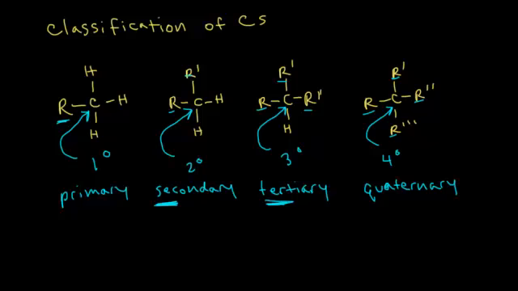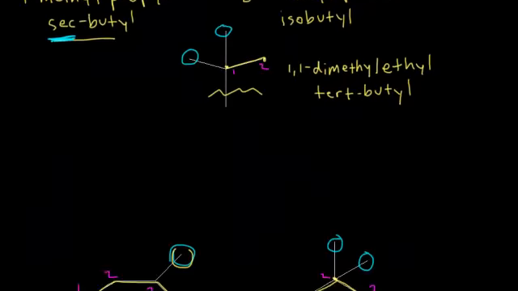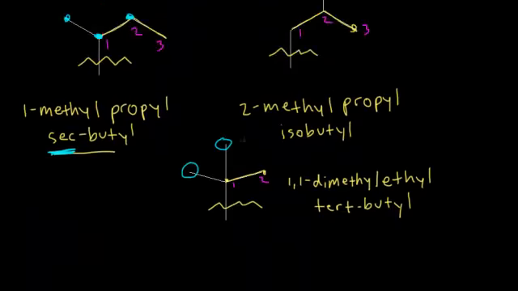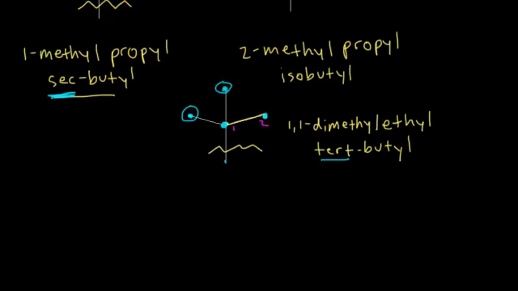If I go back up here again, that would make sense because if I look at this carbon, it's bonded to 3 other carbons. So I could say that is a tertiary carbon. And once again, I'm ignoring the fact that this carbon is actually bonded to another carbon on the ring. If you just look at the complex substituent, that carbon is said to be tertiary, which I think is where the name comes from.